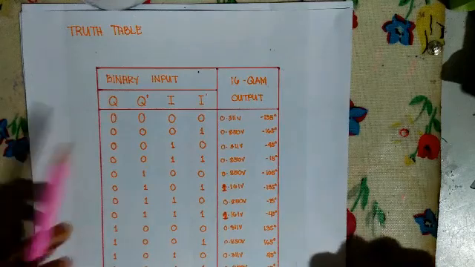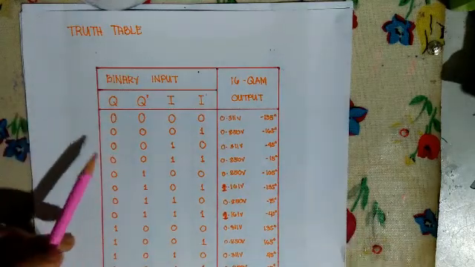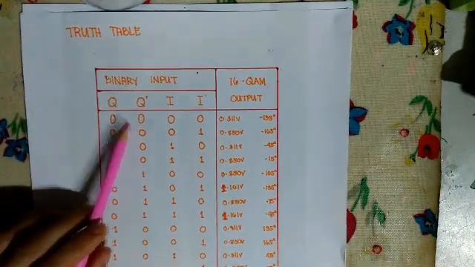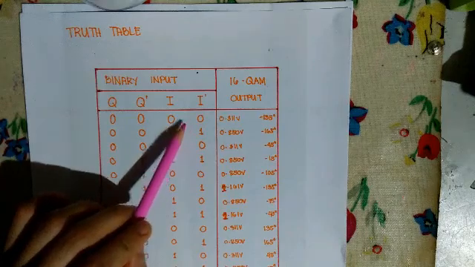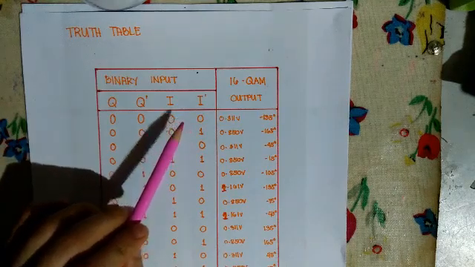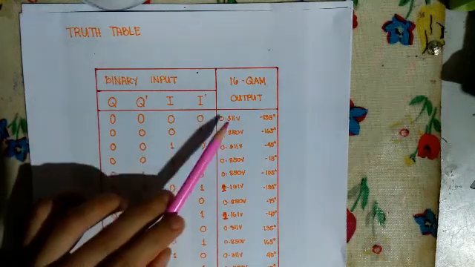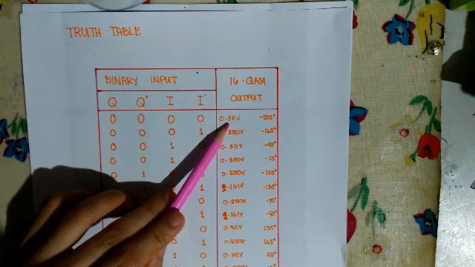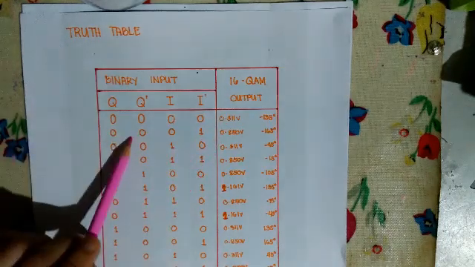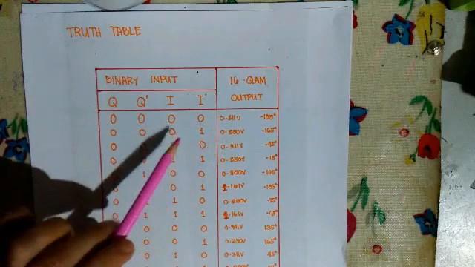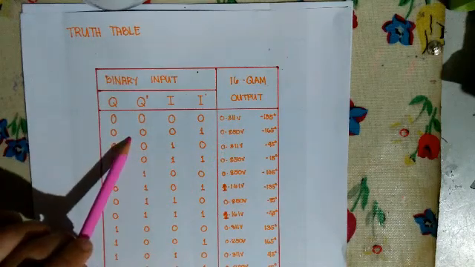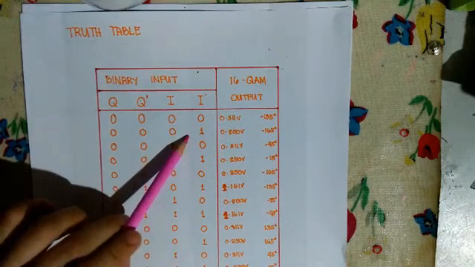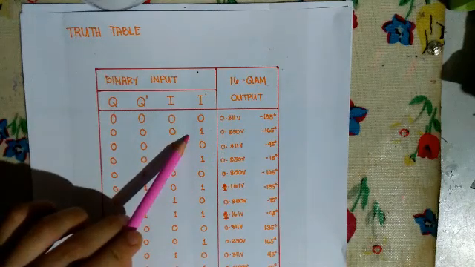So for 0000, Q is negative 0.22 volts, and for I, we also have negative 0.22 volts. So using the formula, we get 0.311 volts. For 0001, Q is negative 0.22 volts, and Q prime 1 gives negative 0.821 volts.